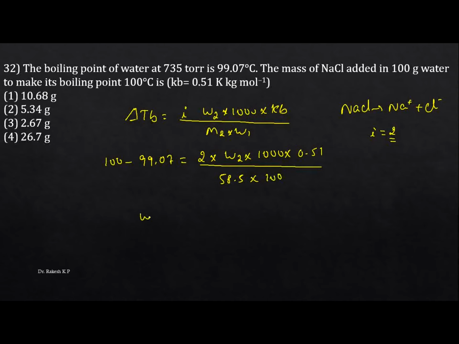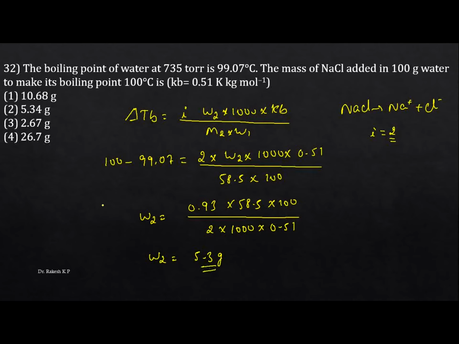Now W2 becomes, this difference I can write as 0.93 into 58.5 into 100, divided by 2 into 1000 into 0.51. If you do the calculations here, we are going to get 5.3 gram. Hence in this case the option is the second one.